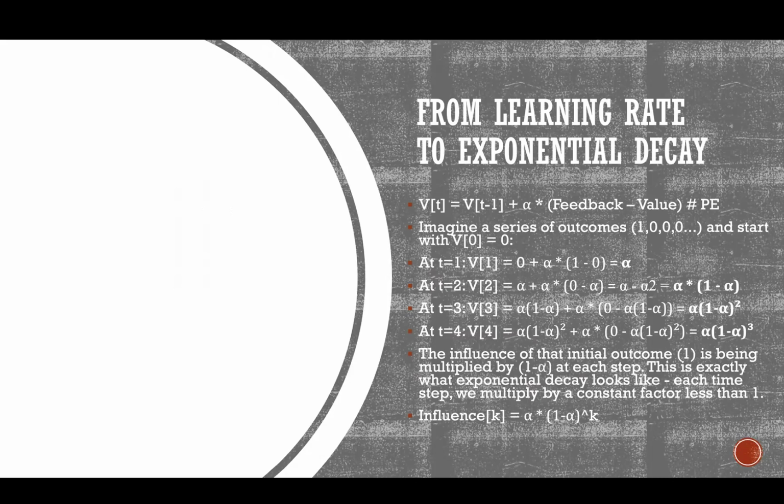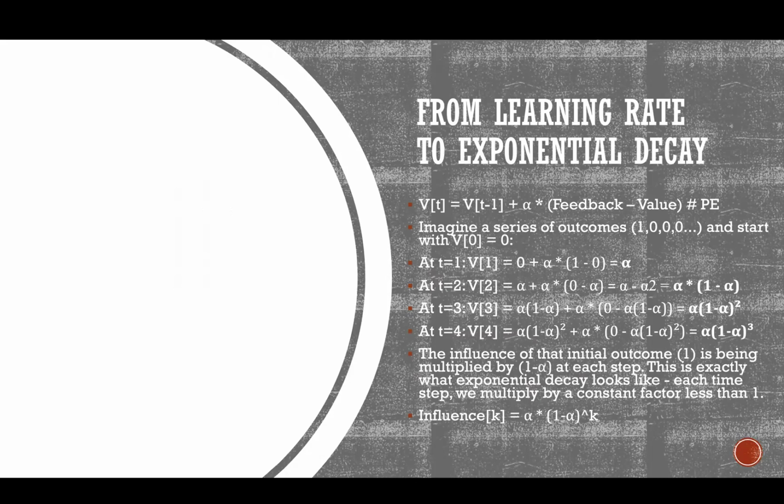If we simplify this, we get that the expected value of playing 0 at time 1 is alpha, because this 0 goes away, so V of playing 0 at time 1 is equal to alpha times 1.